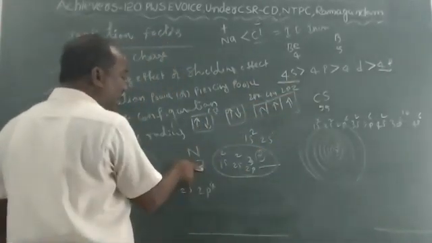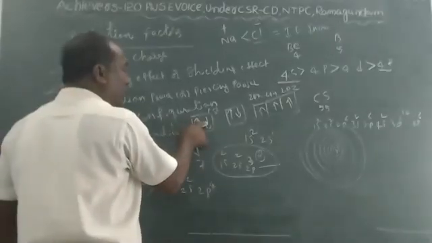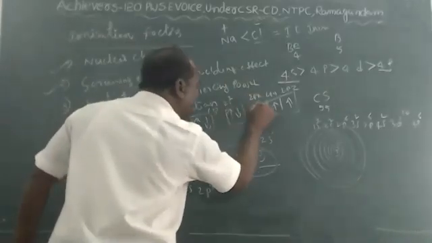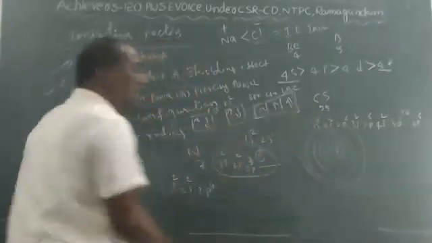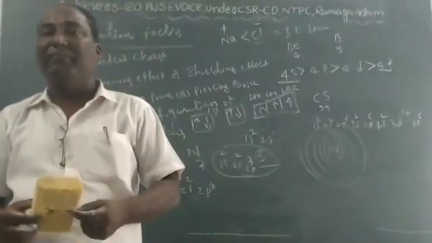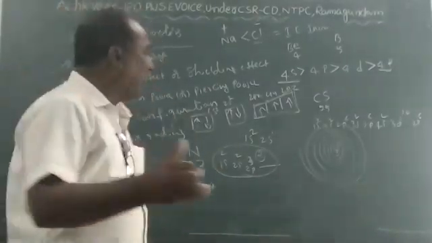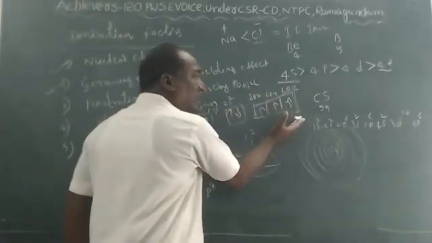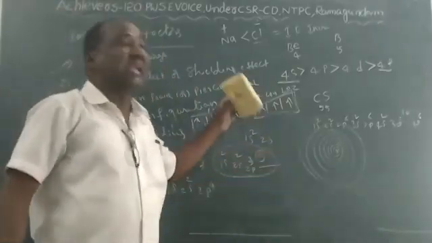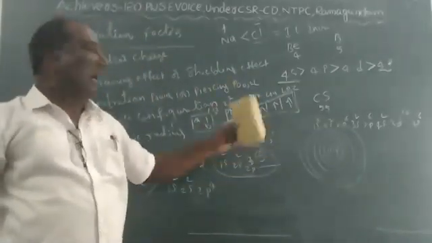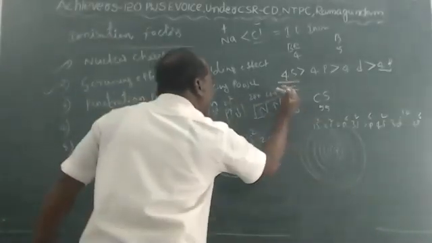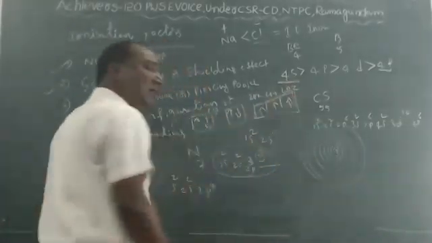Now nitrogen's atomic number is 7: 1s2 2s2 is 4 completed, and the degenerate orbitals start here. What is meant by degenerate orbitals, children? The orbitals which have the same energy are called degenerate orbitals. So in nitrogen, a half-filled configuration will be there in the p orbital.